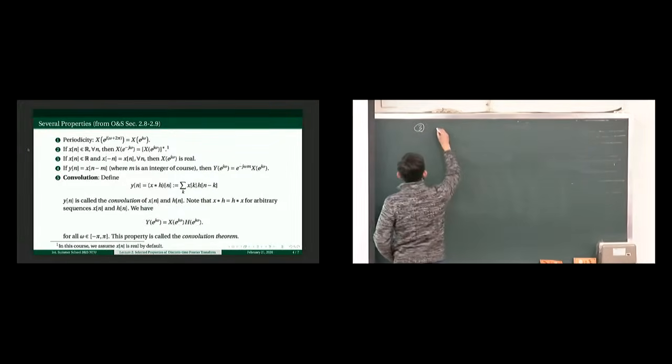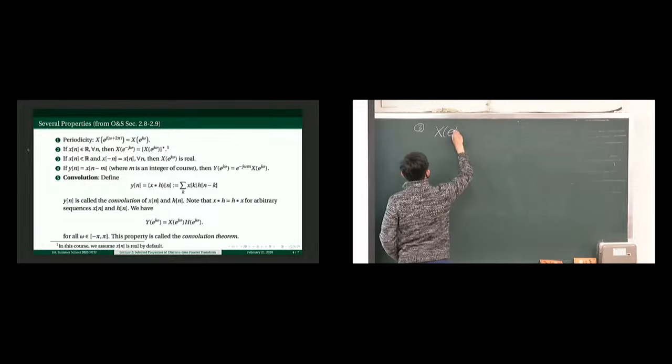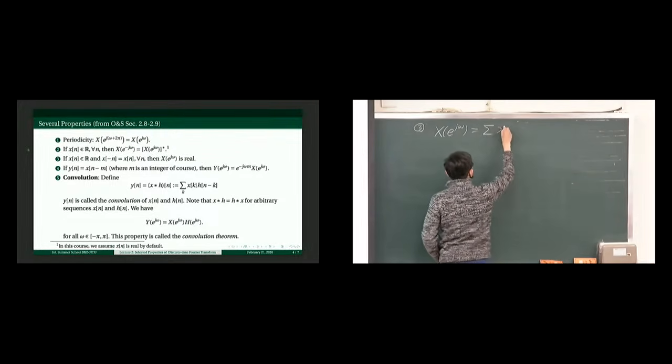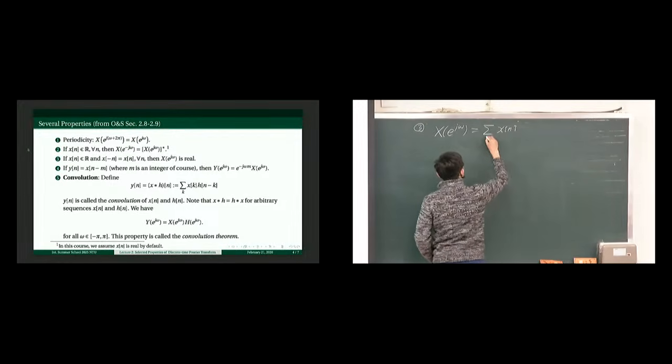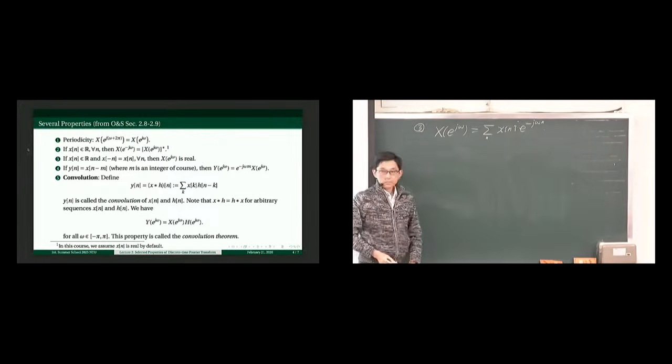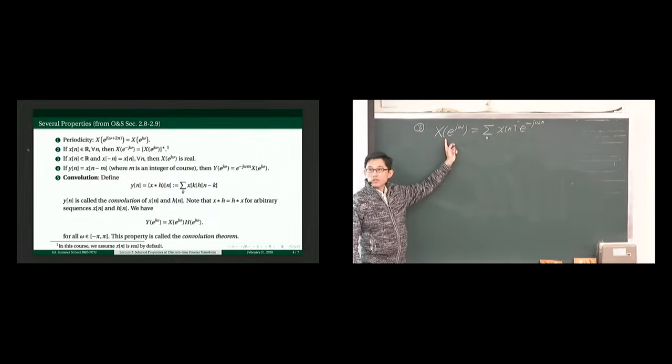So again, we begin just with our definition. Just write it down, summing over all n, x[n] e to the minus j omega n. So that's a good old definition. And our end result, we want to show that the spectrum is real valued. There's no imaginary part.